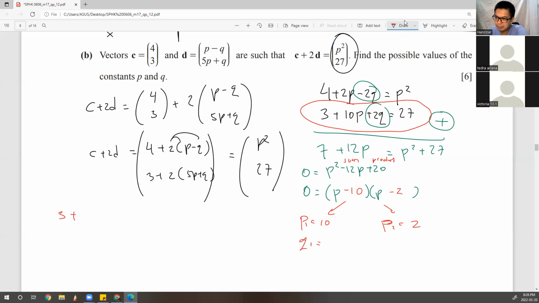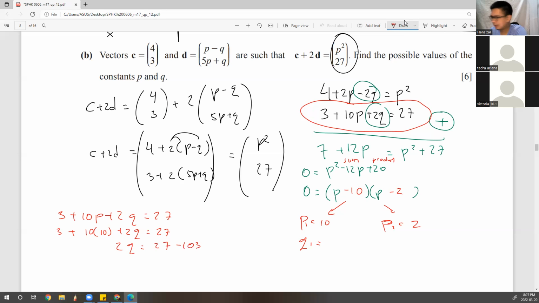Just put in 3 plus 10p plus 2q equals 27. If I change p to 10, it will be 3 plus 10 times 10, right? Plus 2q equals 27. 3 plus 100 is 103. So 2q equals 27 minus 103.